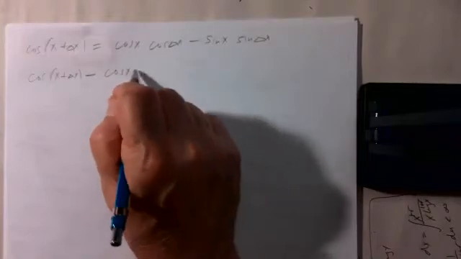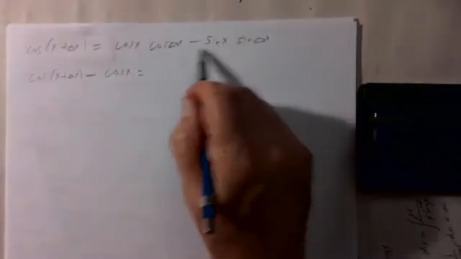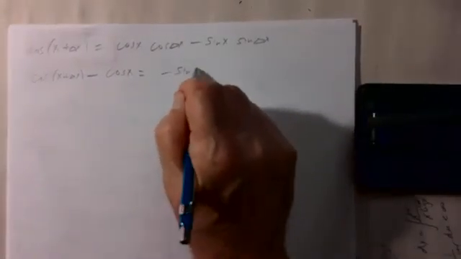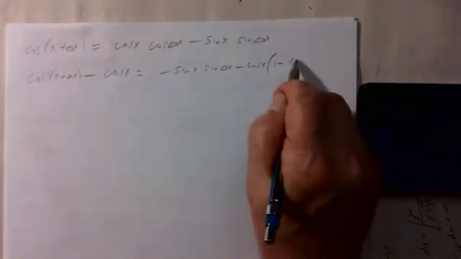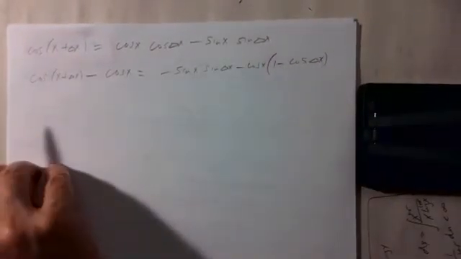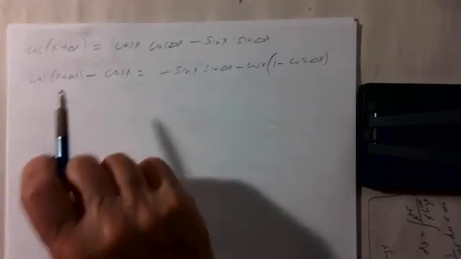So the cosine of x plus delta x minus the cosine of x is minus sine x sine of delta x, and minus cosine x times 1 minus the cosine of delta x. You need to actually check that this is correct. I just subtracted cosine x and rearranged this a little bit.